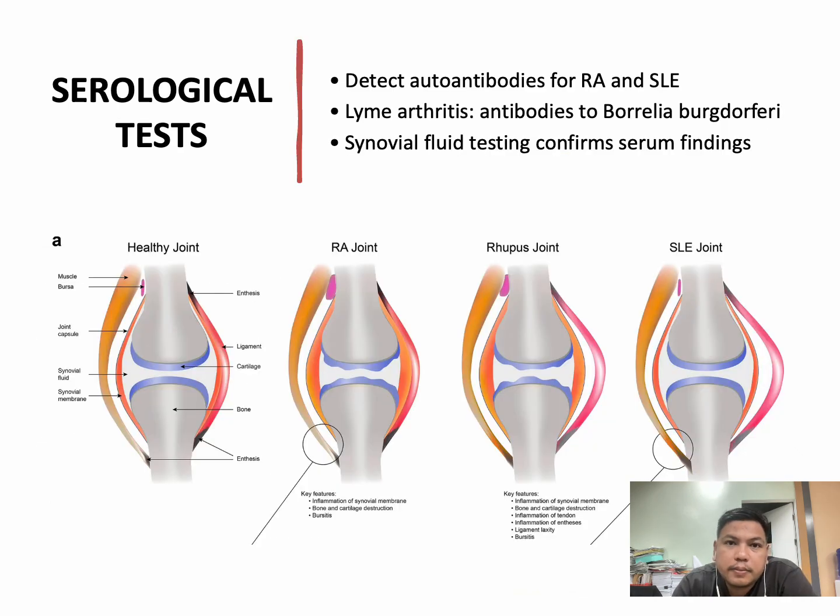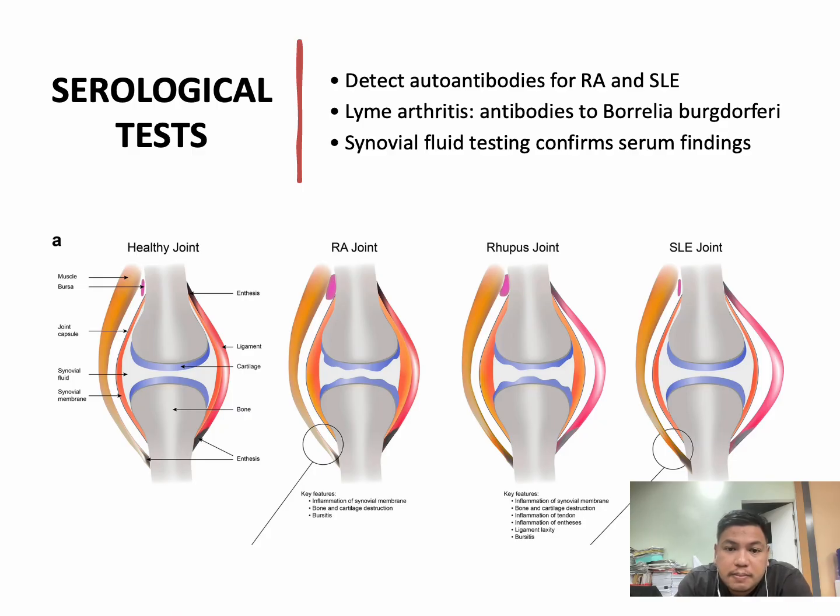Okay. So we are now on the serological test performed with synovial fluid. Serological testing is very important to detect autoantibodies, like in rheumatoid arthritis and systemic lupus erythematosus, which also affect our joints and our synovial fluid.